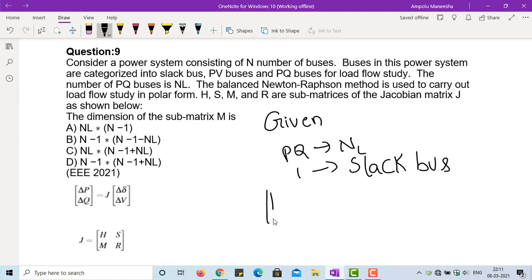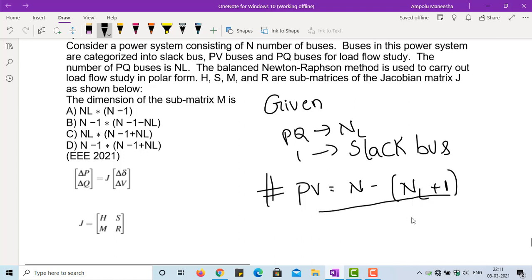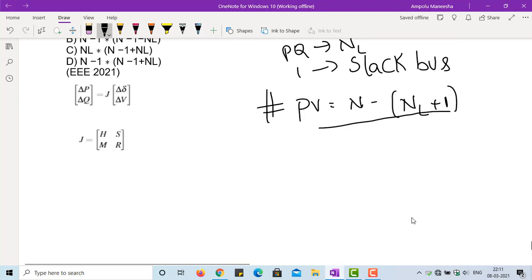So, the total number of PV buses are total number of buses in the power system minus number of load buses plus one slack bus. This is the total number of the PV buses in the power system. So, we need to calculate the dimension of the M submatrix in the Jacobian matrix.